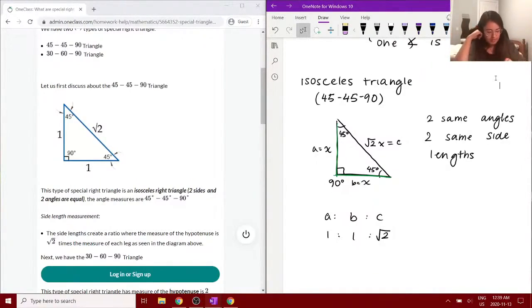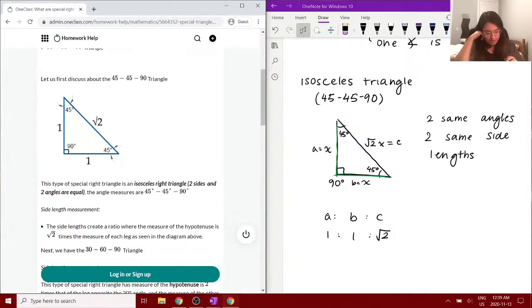We can read here. Side lengths create a ratio where the measurement of the hypotenuse is root 2 times the measurement of each leg. So that's the reasoning behind this. If you went through Pythagorean theorem, with A and B given as x, we have A squared plus B squared equals C squared.